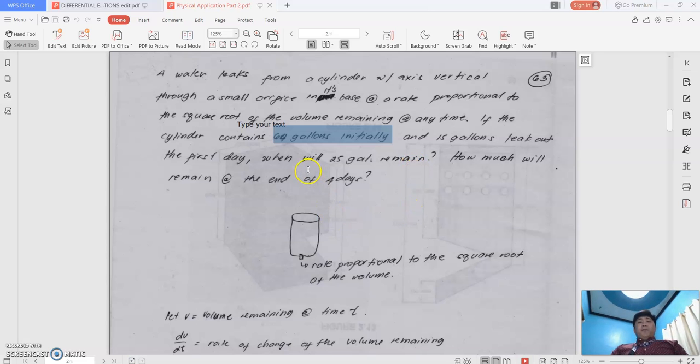How long until only 25 gallons are left in the container? And how much will remain at the end of 4 days? So two questions. The first question, when will 25 gallons remain? The second, how much will remain after 4 days?